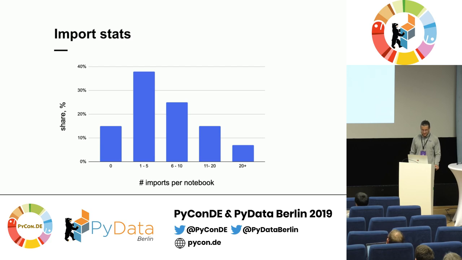And here are a few distributions of some statistics. Here are the import stats, which show that about 15% of users don't use imports at all, and the main case covers less than 10 imports per notebook.